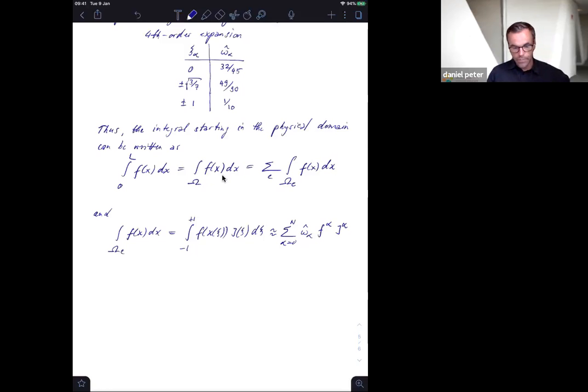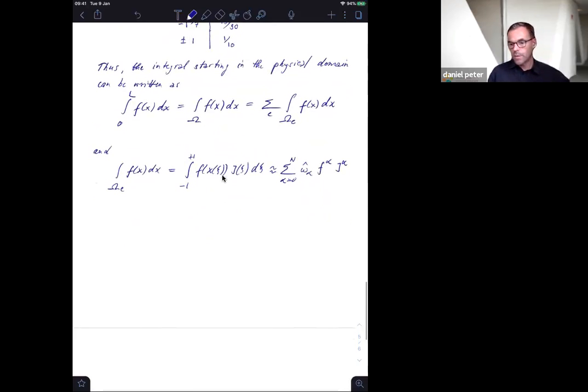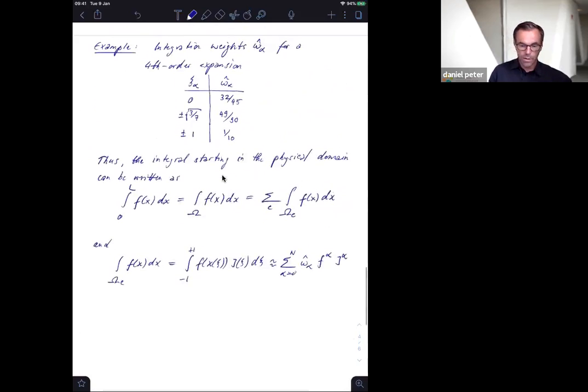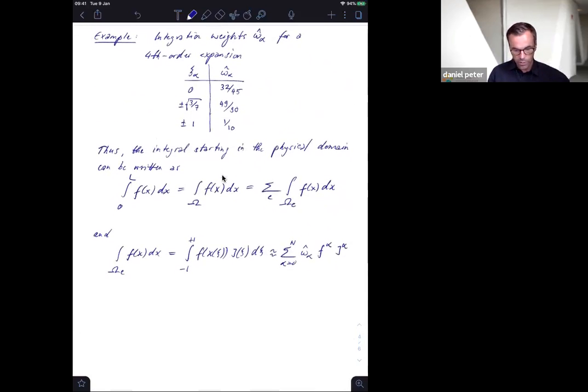Okay, let me quickly finish by giving you an example of how this would look in 2D. What we saw so far are 1D integrals.